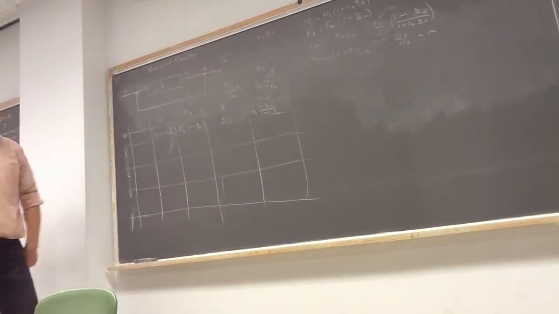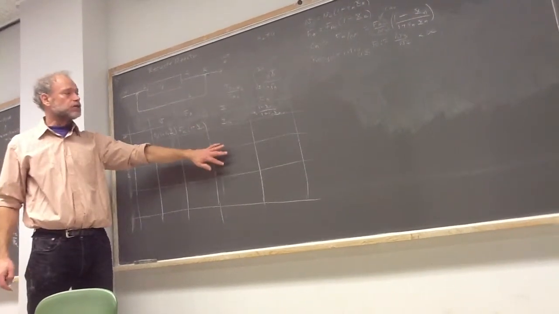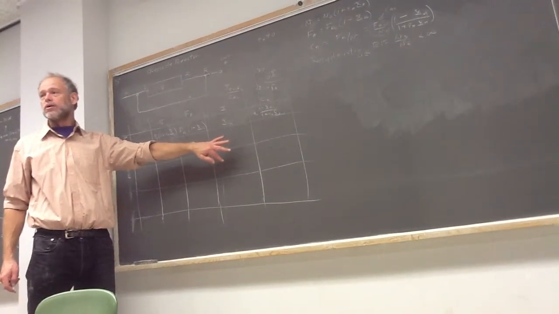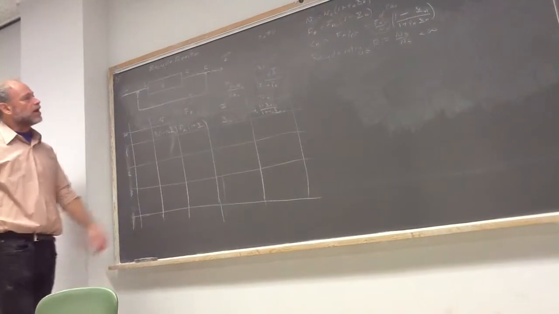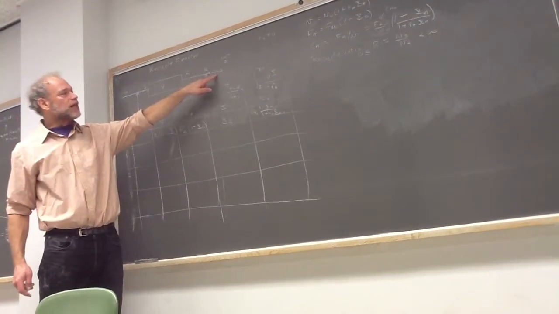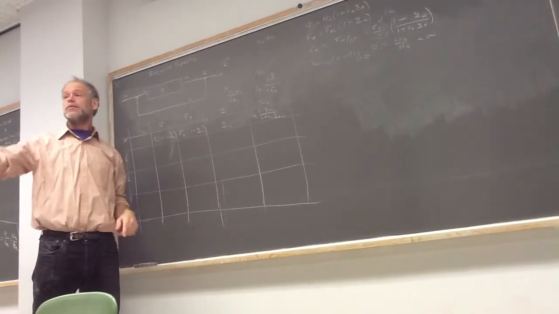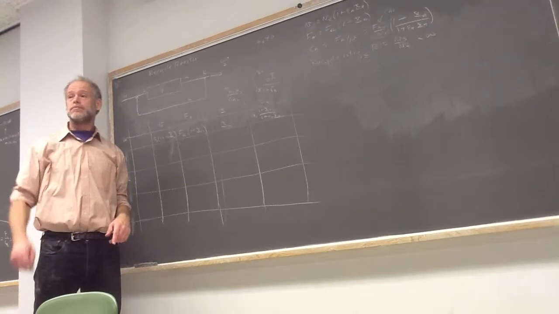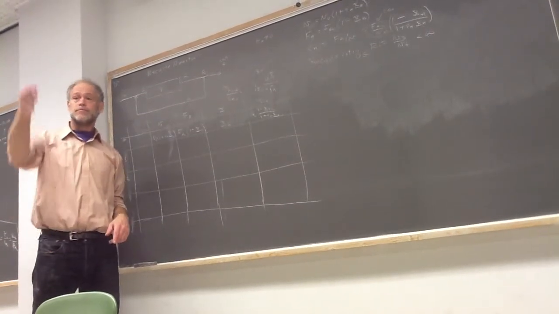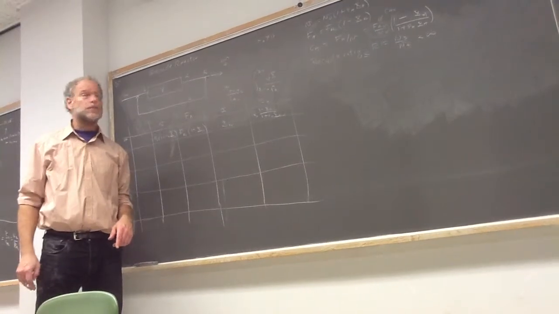Okay, so as we said, we want x1 and x2. So let's only fill in the parts of the chart that we need to get to x1 and x2. If I know x out, what's the relationship between x out and x2? They're the same.